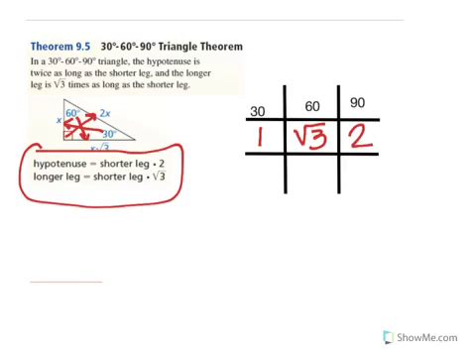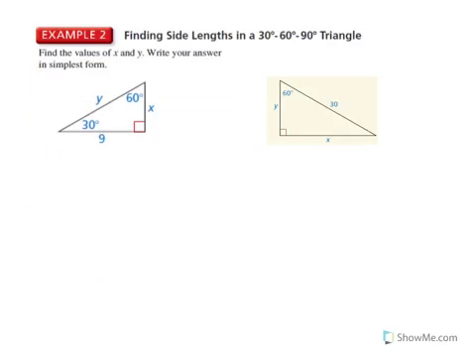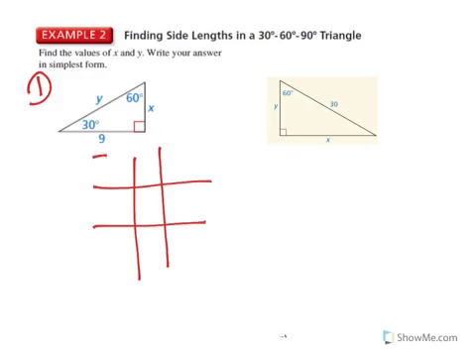Let's go practice. Okay, so over here we're going to do this one first. So if I go ahead and set up my tic-tac-toe board, I have 30, 60, 90. It is 1. We know that our hypotenuse is 2 times that shorter leg, and then we put the square root of 3 in the middle.